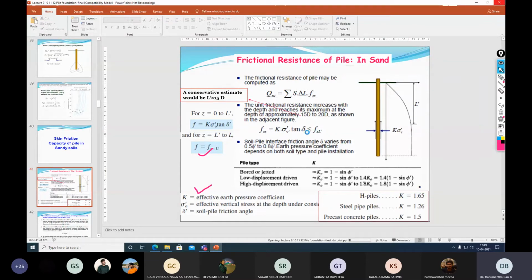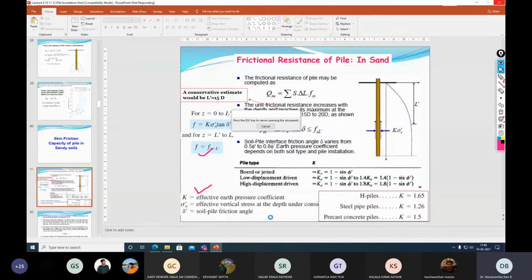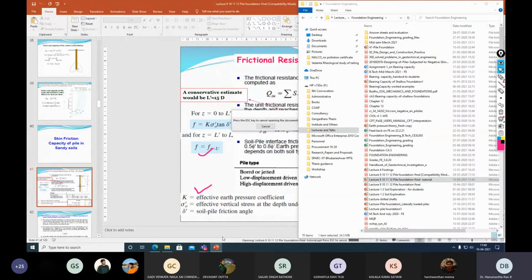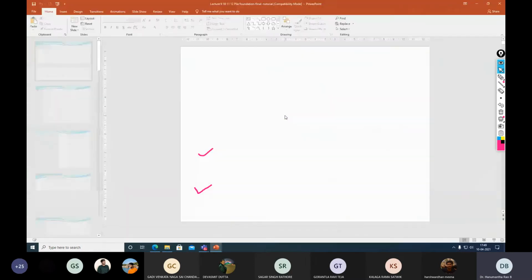As we have discussed, it varies linearly up to a depth of 15 to 20 times D. Depending upon the soil type, you can take either 15D or 20D. So first you try to draw this linear variation up to 15 times D. First identify at what depth 15 times D comes.